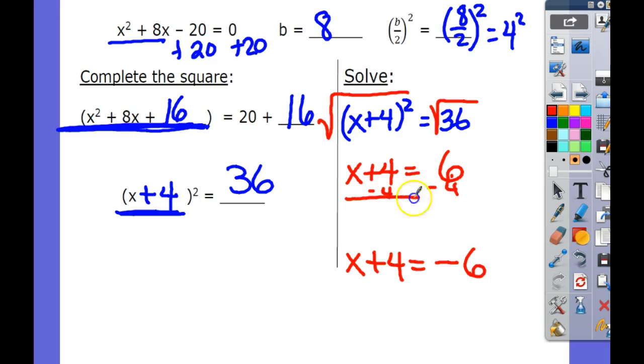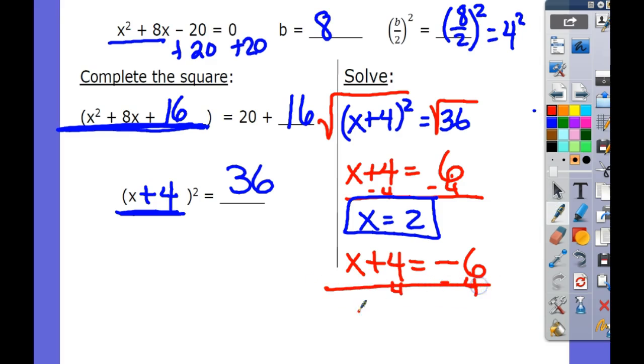Subtract 4 from both sides, and x equals 2. There's one of your answers. Subtract 4 from both sides, and x equals negative 10. Why is this not?